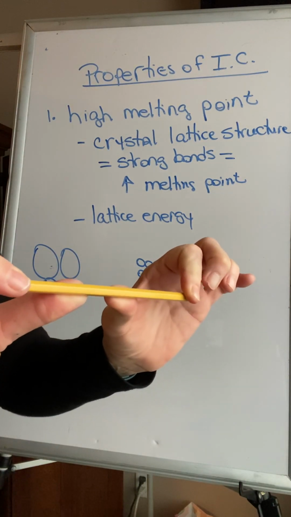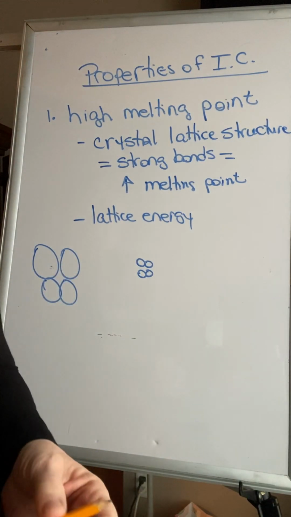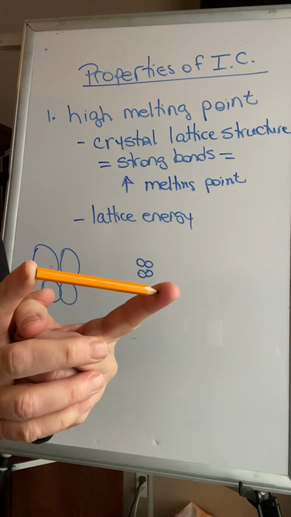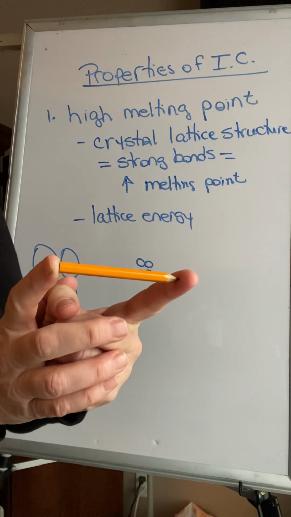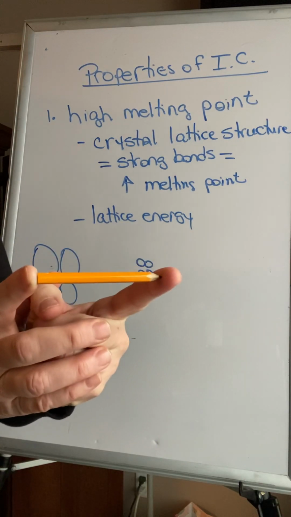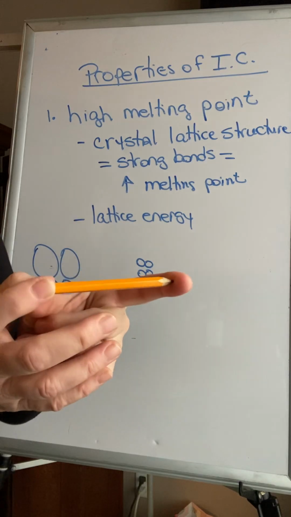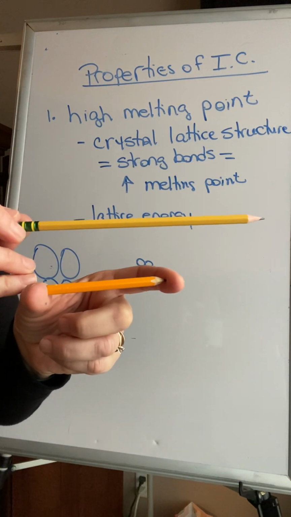Remember, we're thinking of this as a bond, but I can break the bond. I can break the pencil. Versus, what if I had a smaller bond, a shorter bond? Would it take more energy or less energy to break this bond? And the answer is, it would take more energy to break this bond than it would to break this bond.